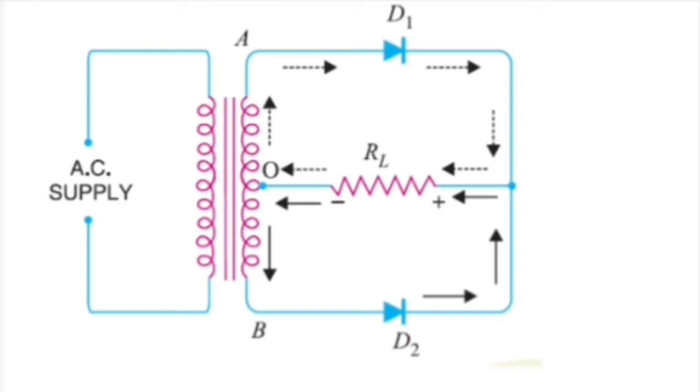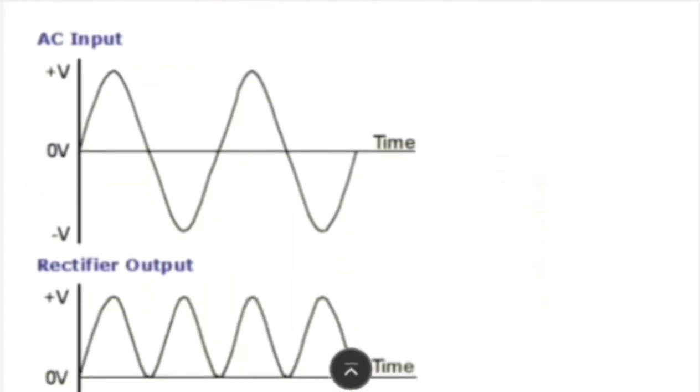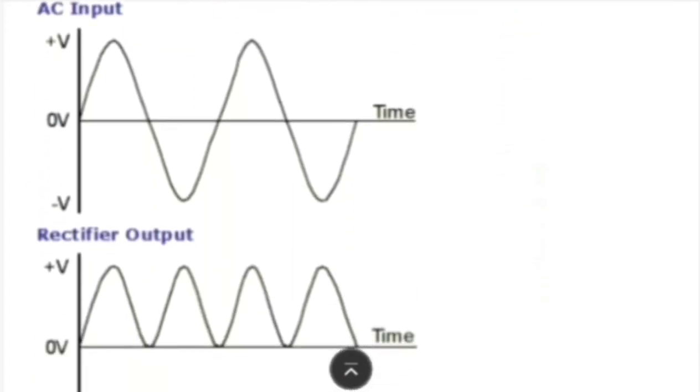But if the negative half cycle of the input occurs, then the condition here is that point A will be negative with respect to point B. That means the second half cycle is negative. We can see in this diagram the AC input is negative in the second half cycle.